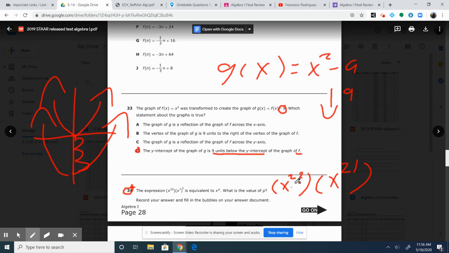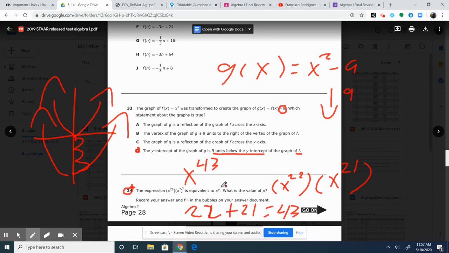So x to the power of 22 times x to the power of 21 means that we're going to add 22 and 21. So 22 plus 21 is equal to 43. So our final answer is x to the power of 43.